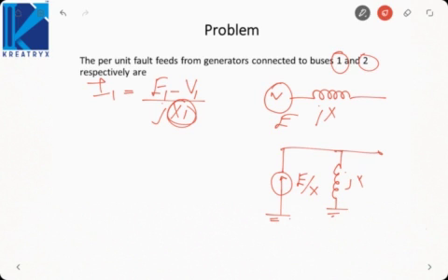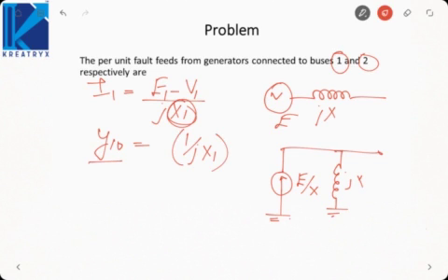That means when we convert this voltage source into a current source, the subtransient reactance of the generator becomes the reactance between the bus and ground. So somehow, if I calculate Y10, it will be equal to 1 by jX1.